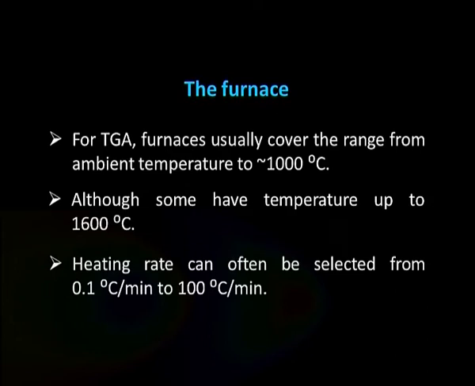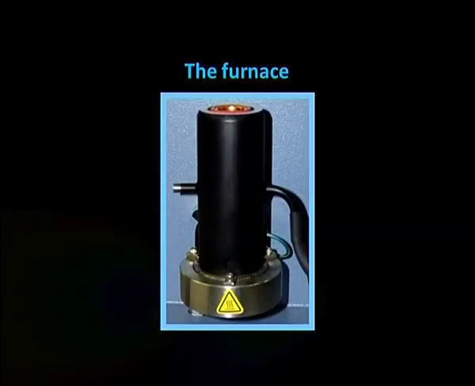Heating rate can often be selected anywhere from 0.1 degree Celsius per minute to 100 degrees Celsius per minute. Nevertheless, we must realize that if the heating rate is lower, the results are more accurate. This is an example of a common furnace which is used in instruments.